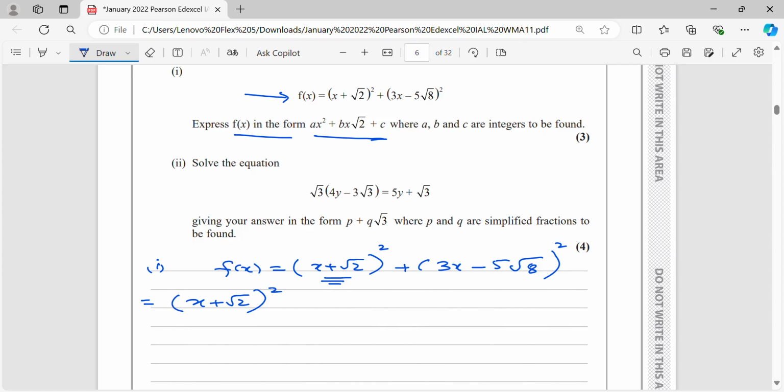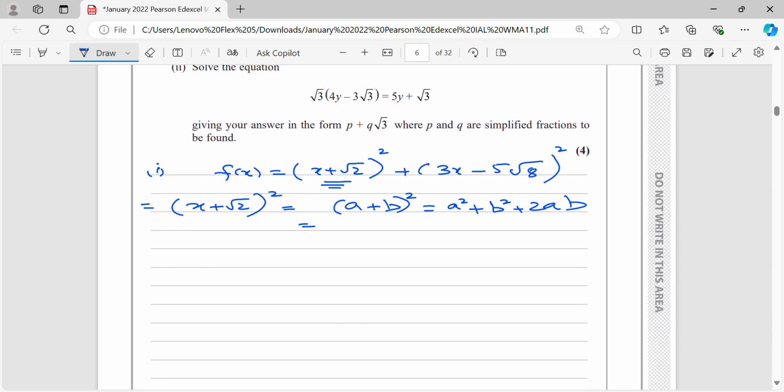You can write it in a double bracket and then expand it, or you can just use the formula of (a plus b) whole squared, which equals a squared plus b squared plus 2ab. I'm gonna use this formula here. You can expand double brackets, it's up to you.